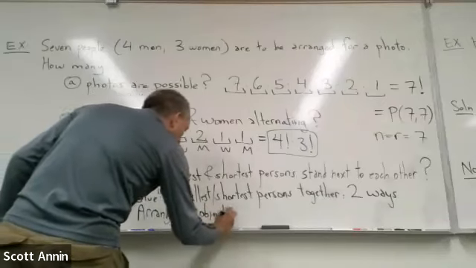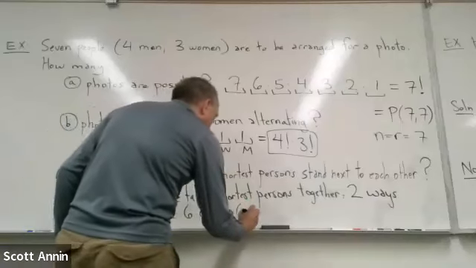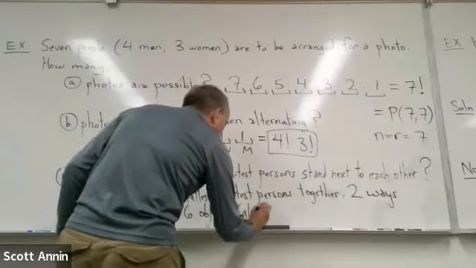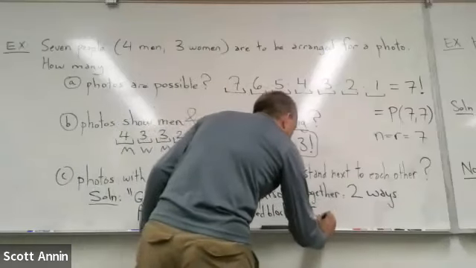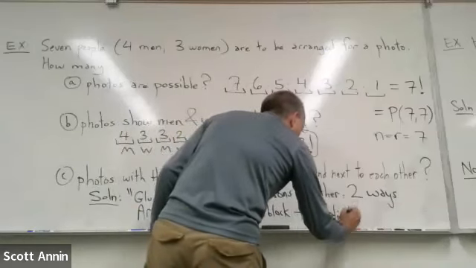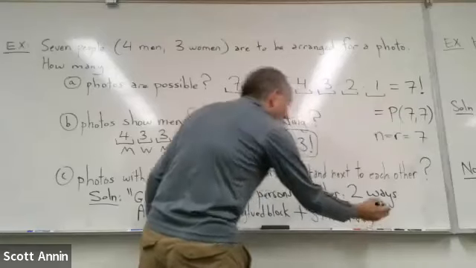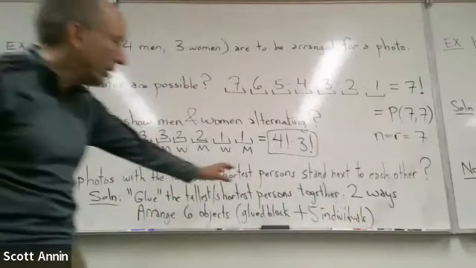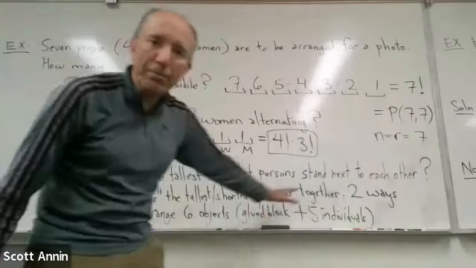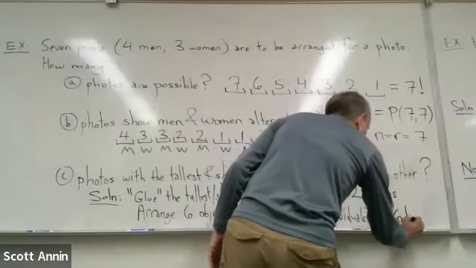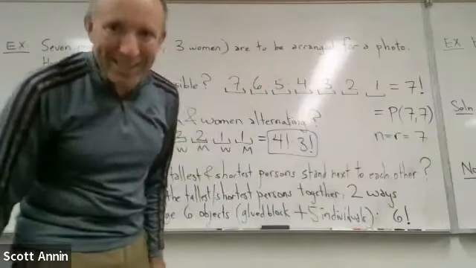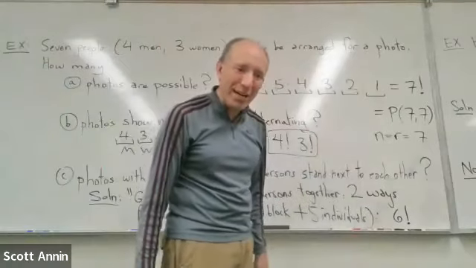The 6 objects are the glued block that we've already talked about, plus the 5 other individuals that are not being glued at all. So we have 1 glued block, 5 individuals, that's 6 objects that we have to arrange. And the number of ways of doing that is just P of 6, 6. In other words, 6 factorial right here.